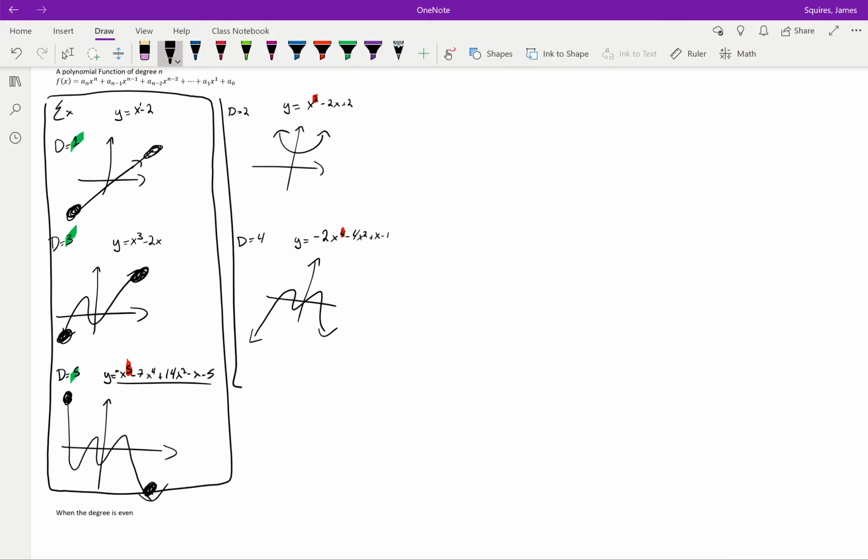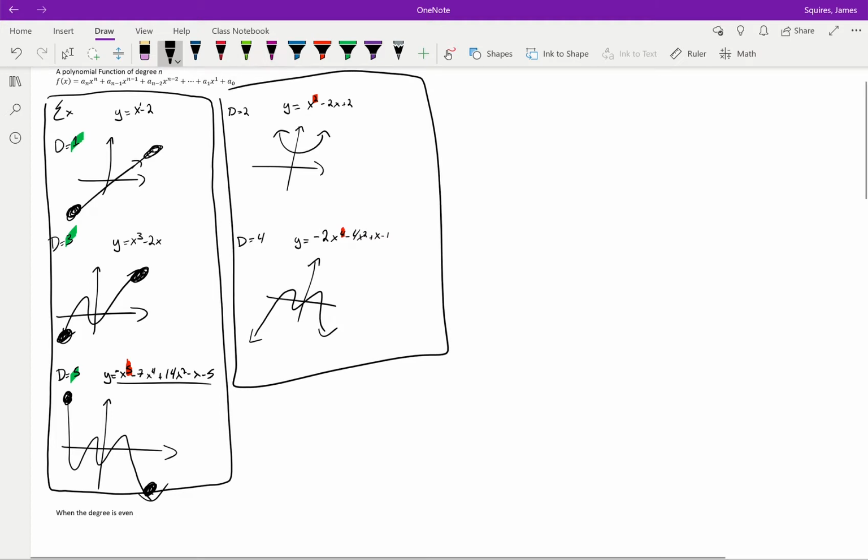Where if we look at these two examples here, where the degree of both of these polynomials is even, degree 2, degree 4, note that we start in the upper left hand corner and we end in the upper right hand corner. Here we start in the lower left hand corner and we end in the lower right hand corner.